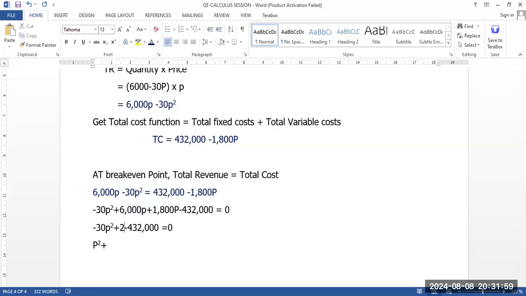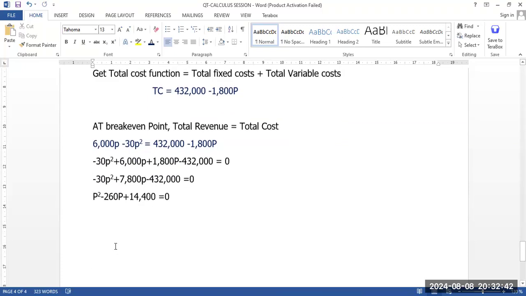You get negative 260p. Then next plus what? Because we have a negative divided by negative, it is positive. Positive 14,400, which is equal to 0.